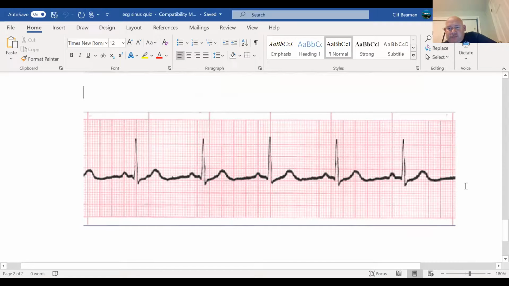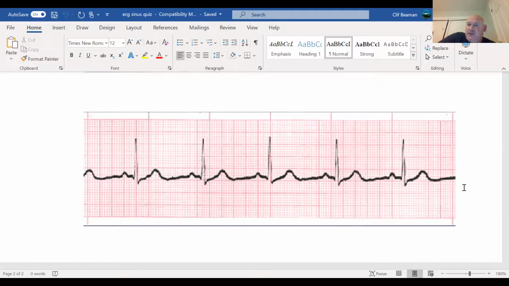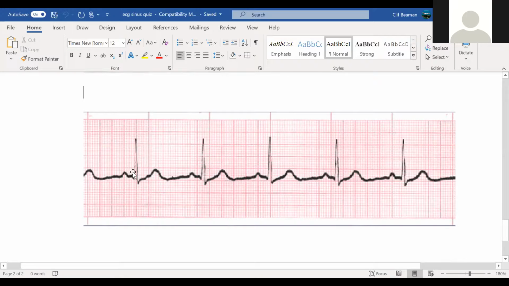So can we call this a sinus rhythm? No, sinus Brady. If we can meet all the other parameters, this would be a sinus Brady rhythm. So do all the other parameters work? Yes. QRS duration less than 3 little boxes.